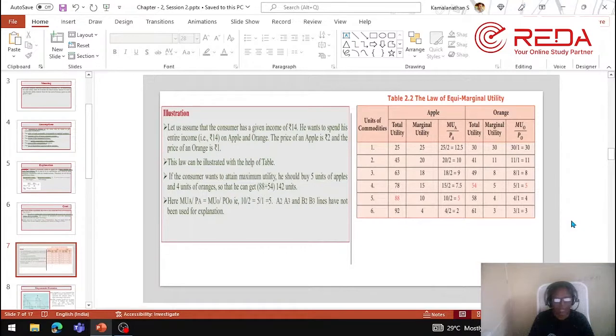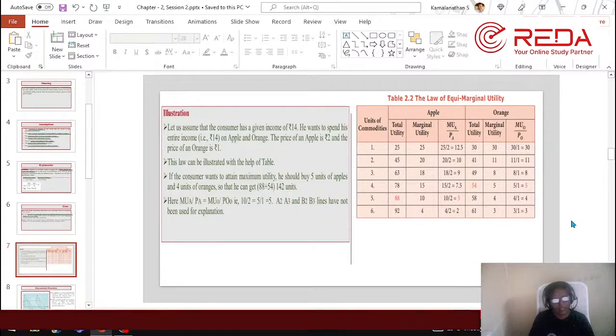Then for the fifth apple, the total utility will be 88, marginal utility will be 88 minus 78 equals 10, and with the given price 2, it is 10 by 2 equals 5.